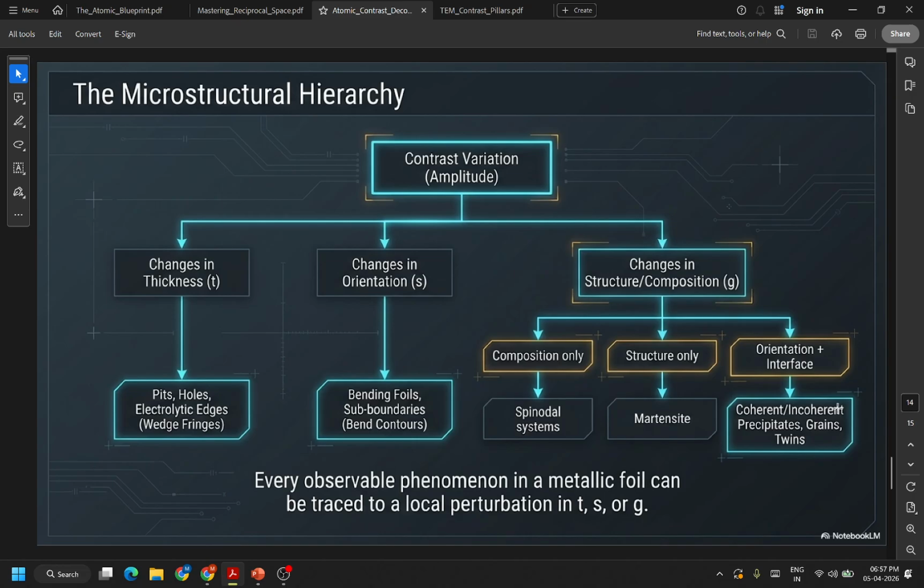Examples of structure changes are martensite. Examples of orientation interfaces are coherent and incoherent precipitates, grains, and twins. So every observable phenomenon in a metallic foil can be traced to a local perturbation in t, s, or g.